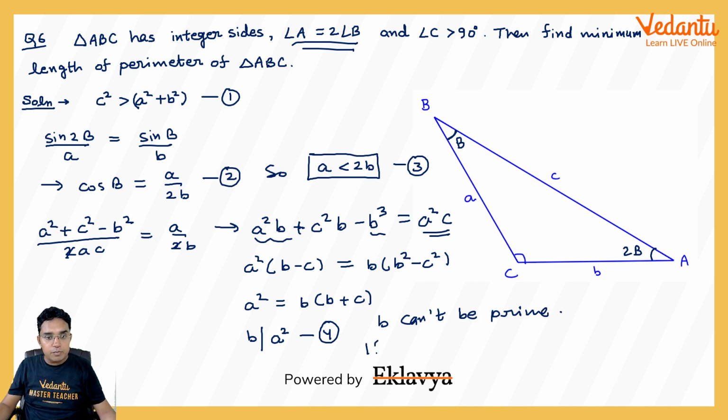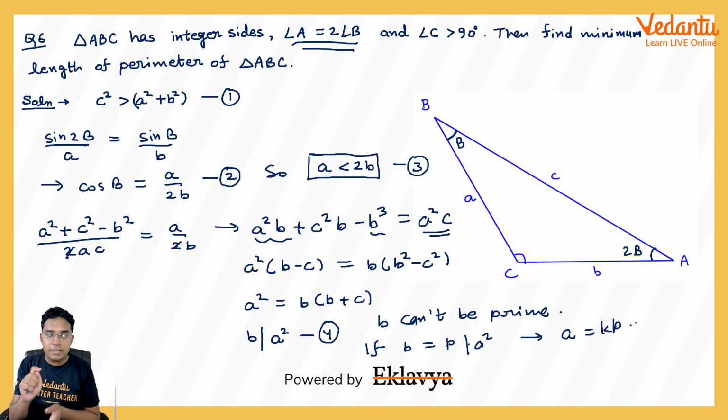See, if B is prime, suppose B is equal to some P, and this divides A square, then you can think of A should also be K times P, isn't it? If B is some prime number and that prime number divides A square, so this prime number should also be there in A, then only this P will divide A square.